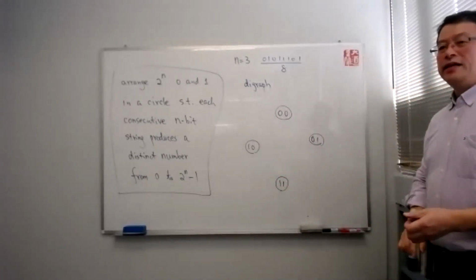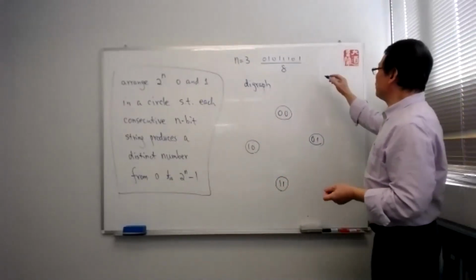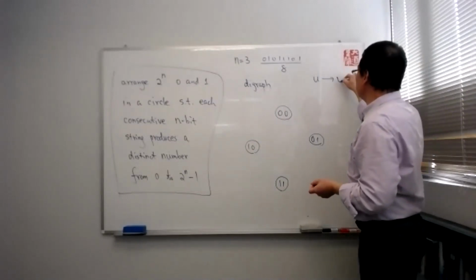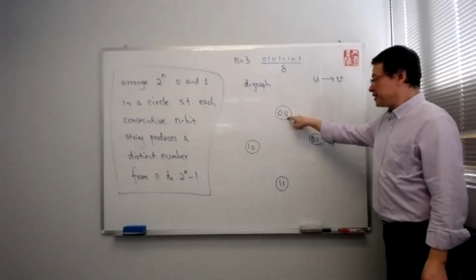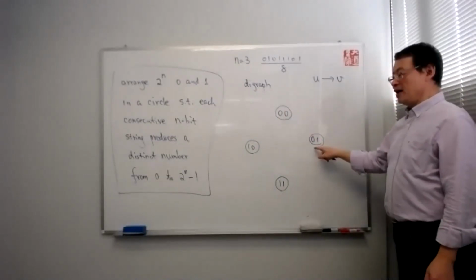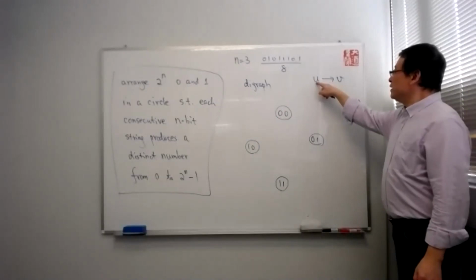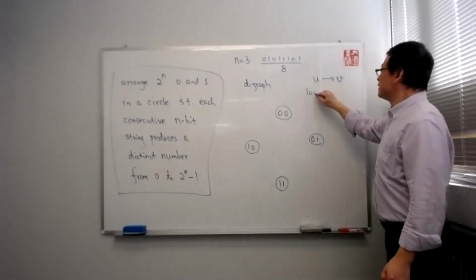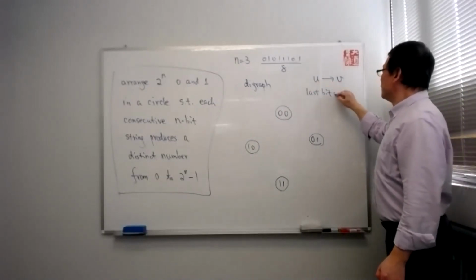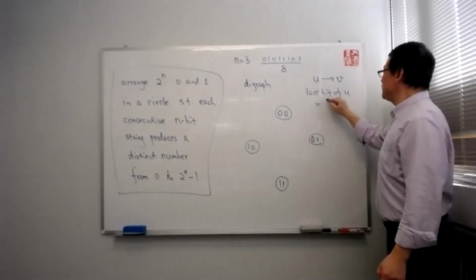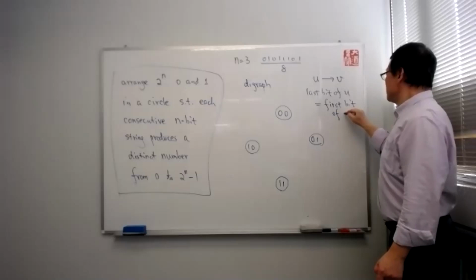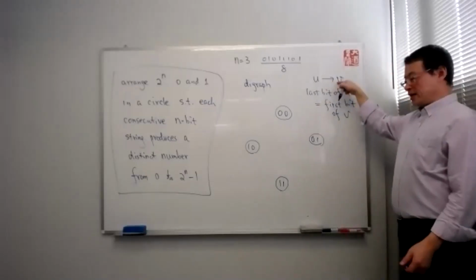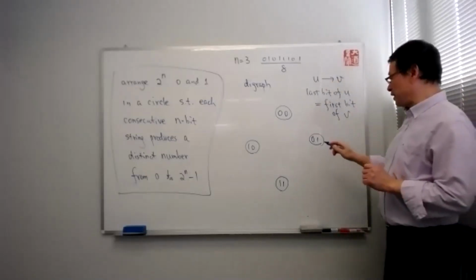All right. Now I add an edge from U to V if the last bit of U equals the first bit of V. That's how I construct the graph.